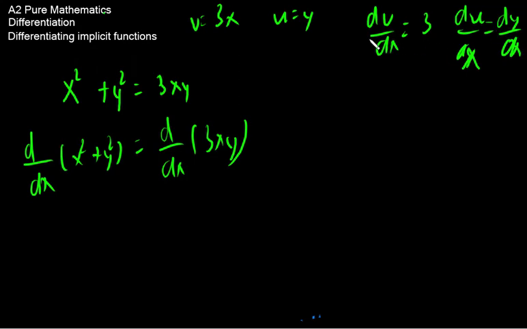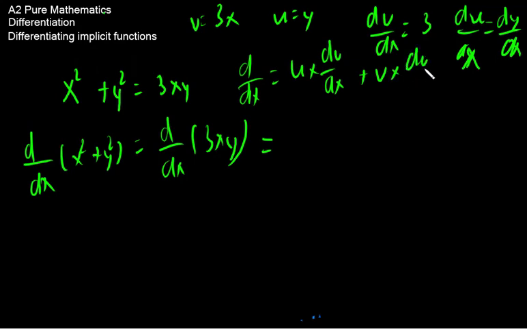Here is the differentiation of 3x and y. Now for the product rule, d over dx is equal to u times dv over dx plus v times du over dx. So here we have u is y times dv over dx, which is 3, plus v is 3x times du over dx, so that's dy over dx. That is the differentiation of this.